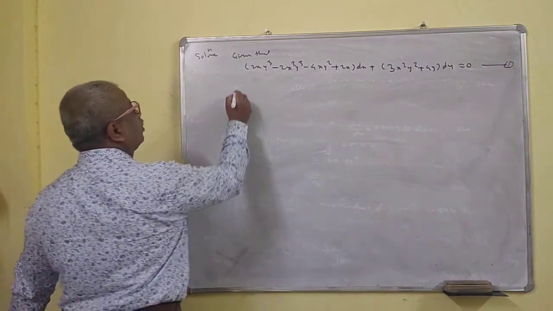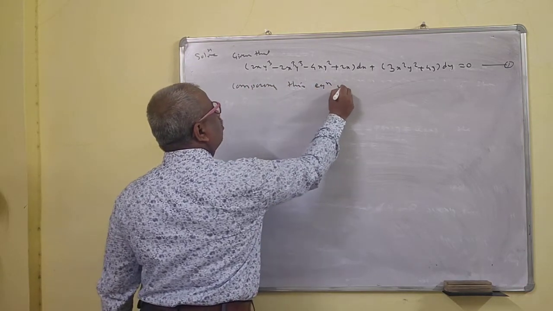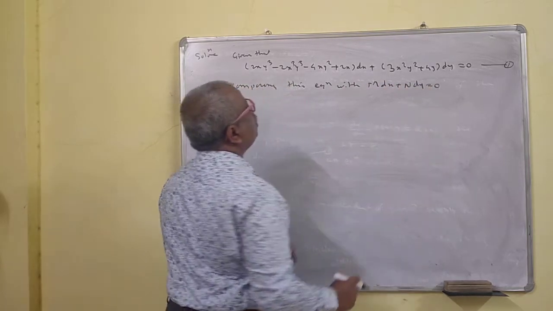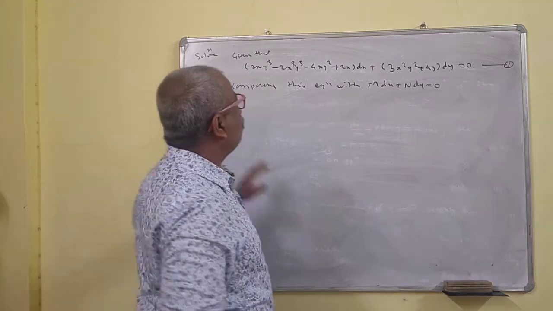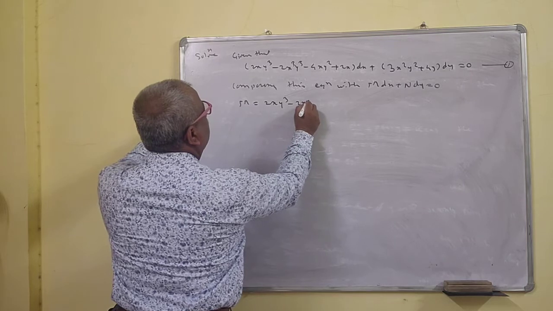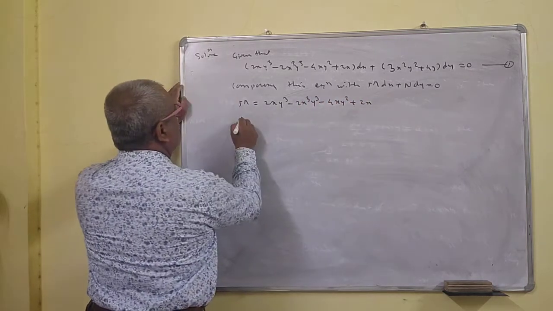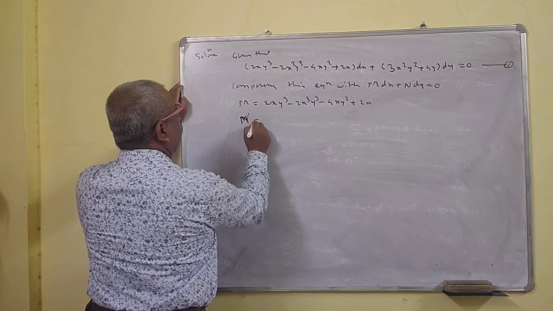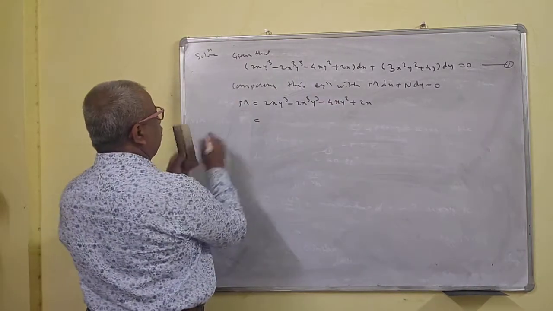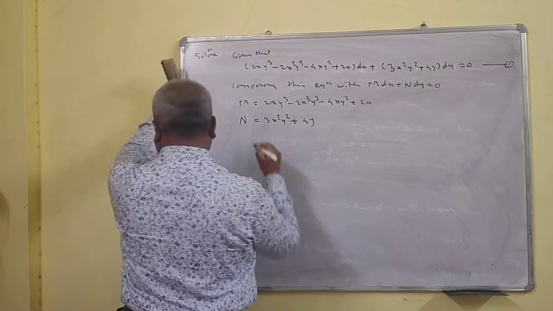Comparing this equation with M dx plus N dy equals 0, M is equal to 2xy cubed minus 2x cubed y cubed minus 4xy squared, and N is equal to 3x squared y squared plus 4y.